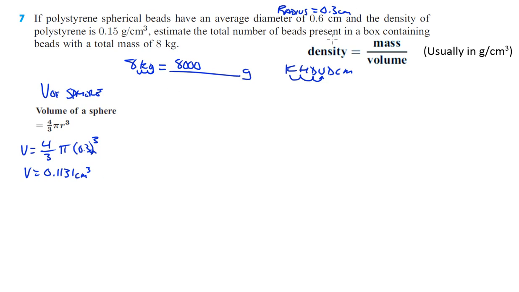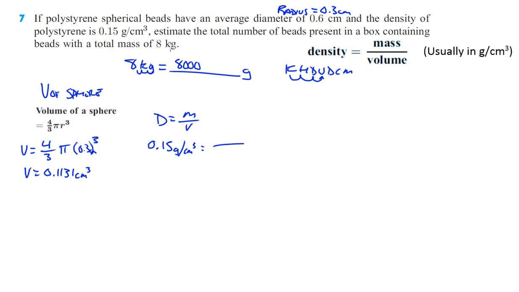So, we know the volume, and we know the density. Let's figure out what the mass of one of these spheres is, right? Density equals mass over volume. So our density is 0.15 grams per centimeters cubed, and our mass, we do not know yet, of one ball.